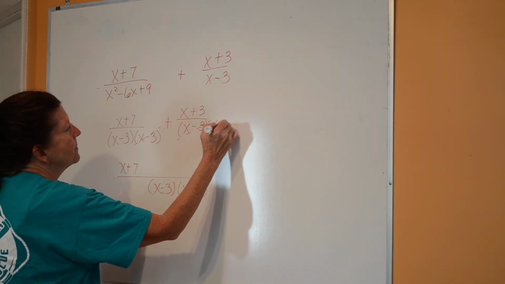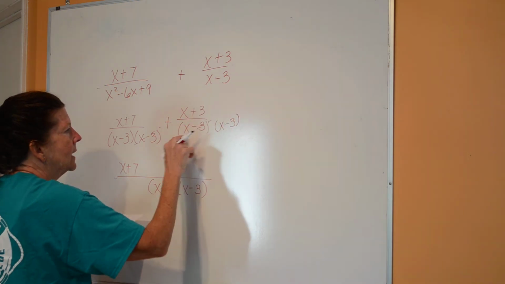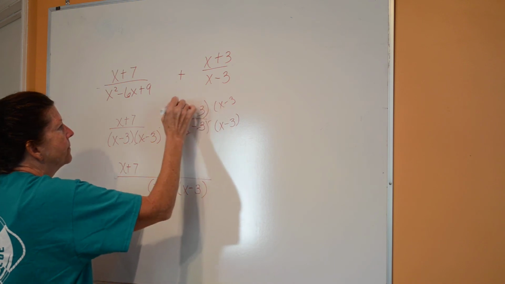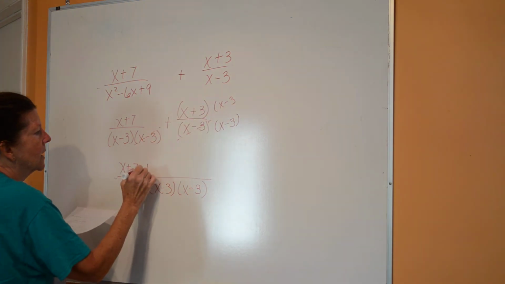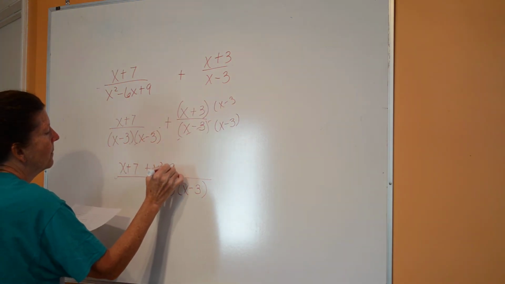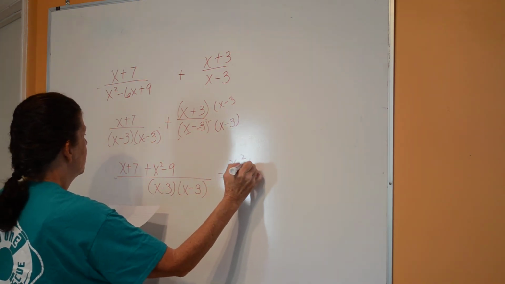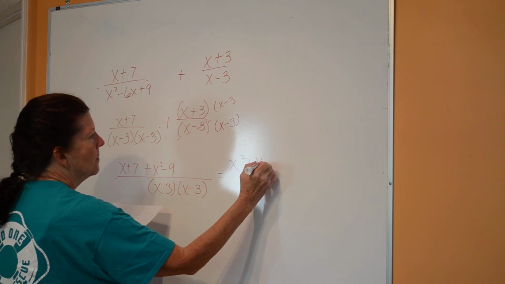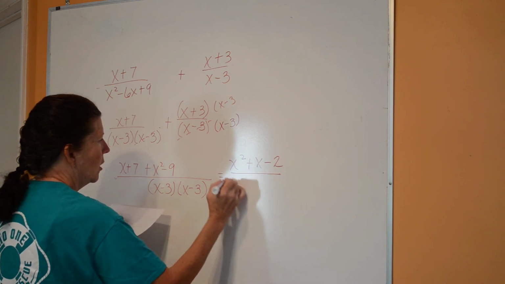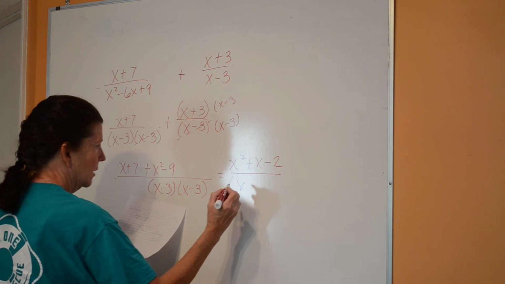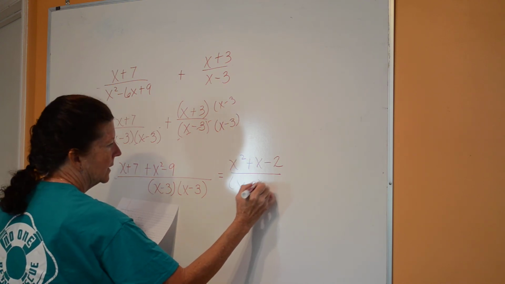Okay, this one is missing an x minus 3 to make it match up to this. So x minus 3. These are conjugates, so it's going to give me an x squared minus 9. So I have x squared plus x minus 2 over x minus 3 and x minus 3.